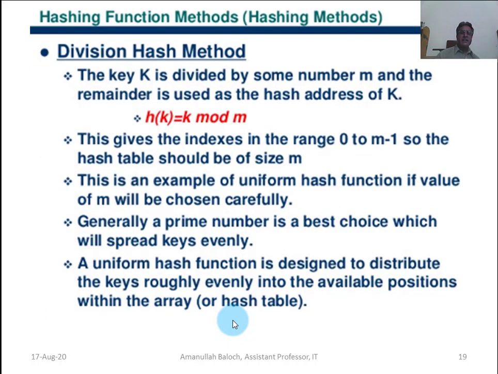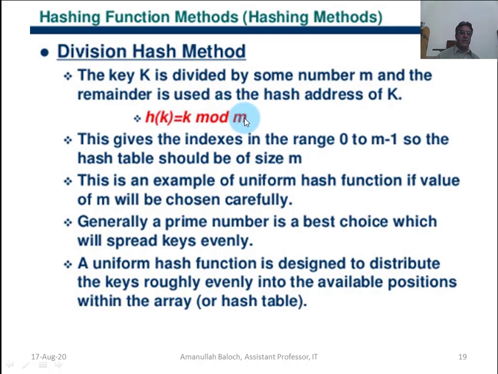Hash function methods, the division method. In the division hash method, the key k is divided by some number m, and this should be the largest prime, and the remainder is used as the hash address. When we get the remainder using division, we call that remainder the hash address of k.